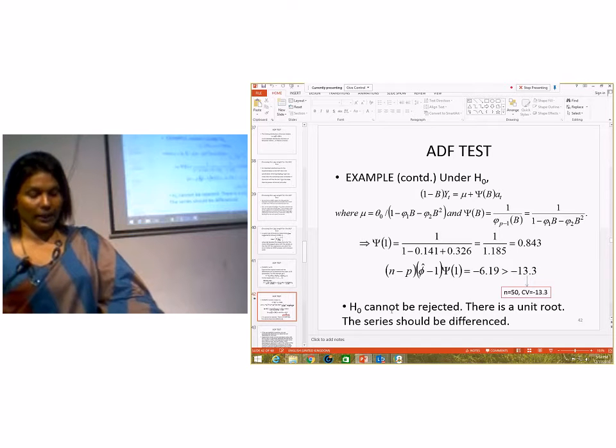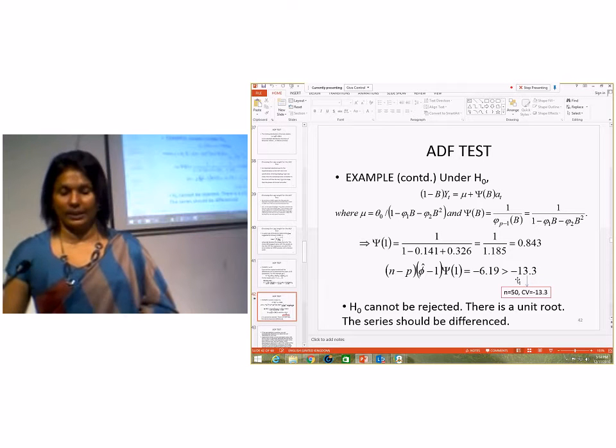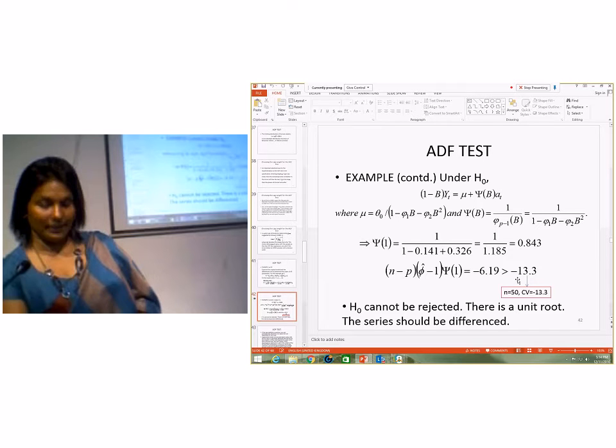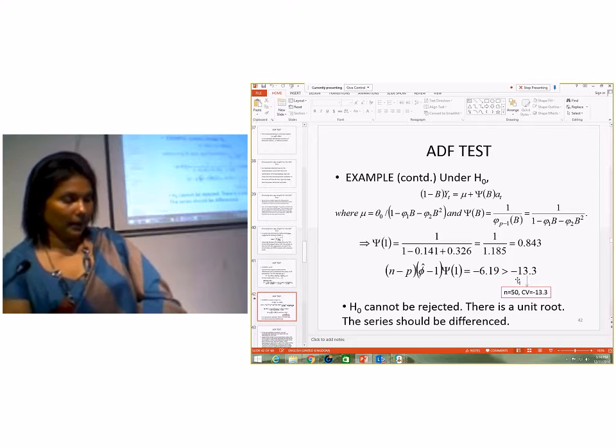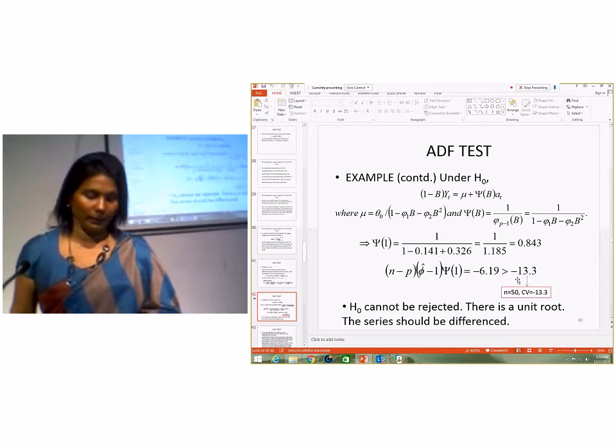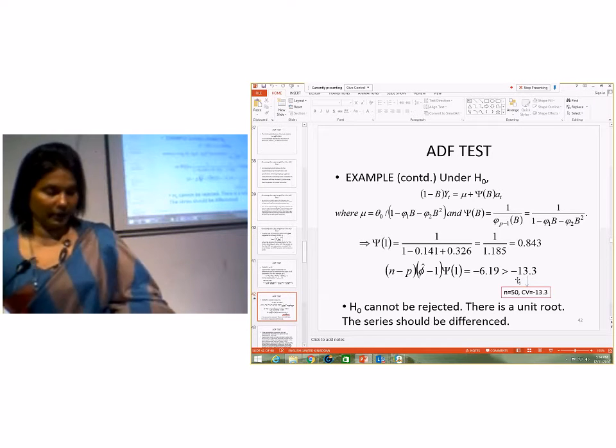Right, we calculate the augmented Dickey-Fuller test, but there is no need to calculate it manually. Just to understand: the null hypothesis is that the data need to be differenced to make them stationary. The alternative is that the data are stationary and no differencing is needed.